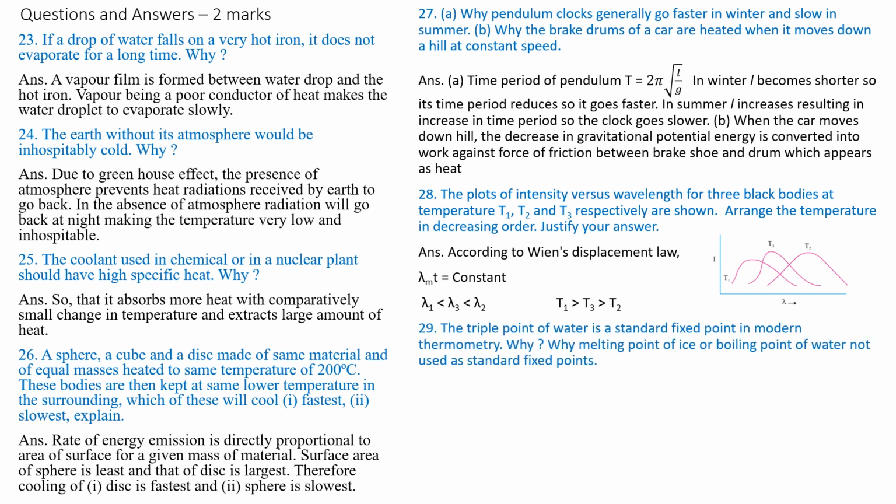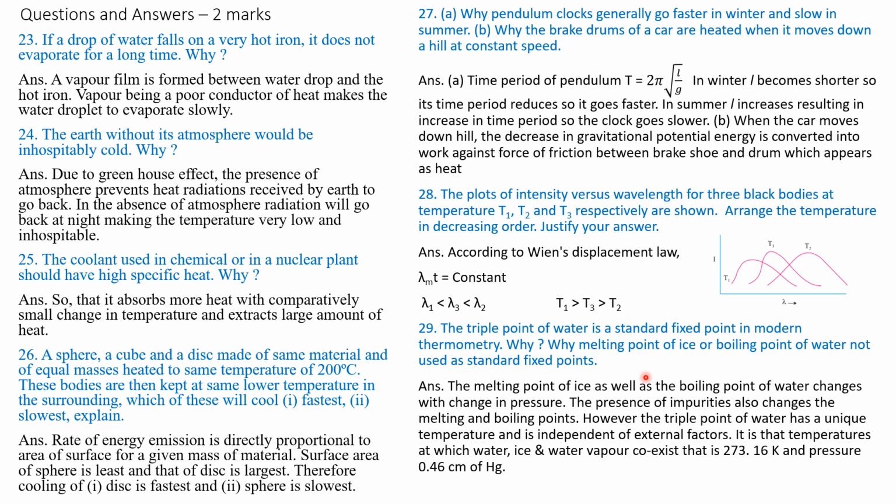Next question. The triple point of water is a standard fixed point in modern thermometry. Why? The melting point of ice or boiling point of water are not used as standard fixed points. We have to give the reason. Answer. The melting point of ice as well as the boiling point of water changes with change in pressure.